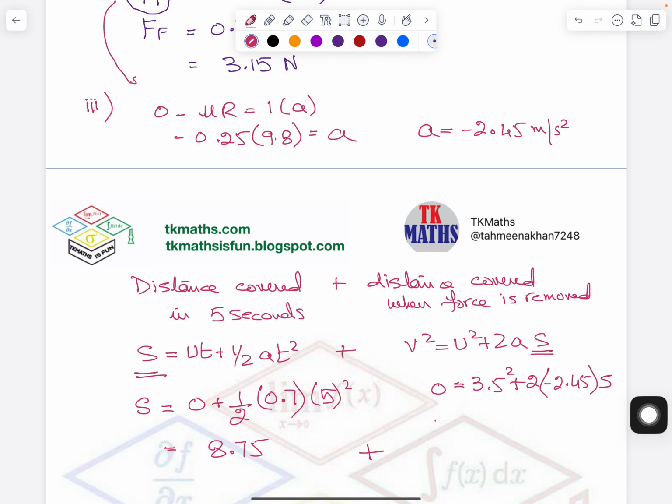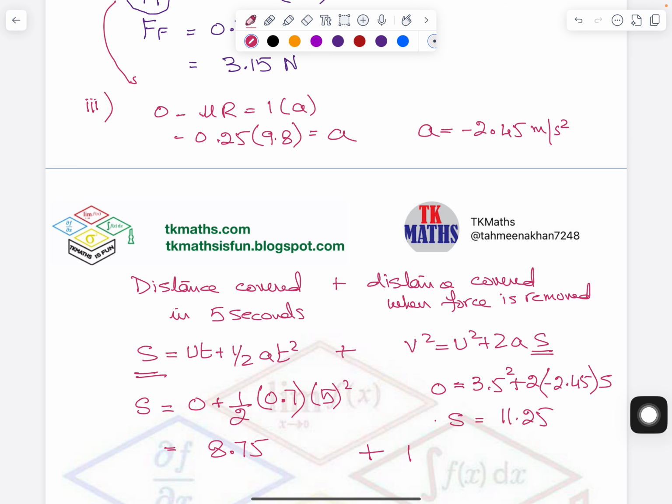Let me see the calculator. The distance is coming 11.25. Let me just check one more time. 3.5 squared divided by... yes, it is coming 11.25.